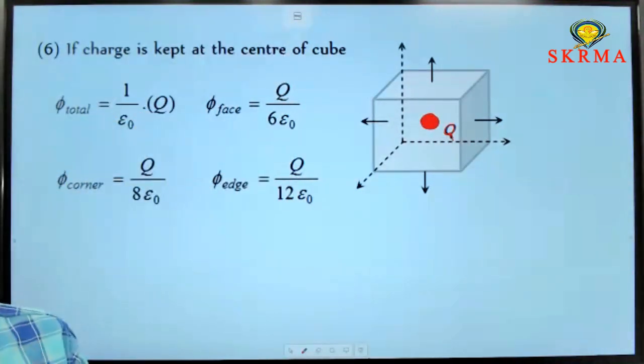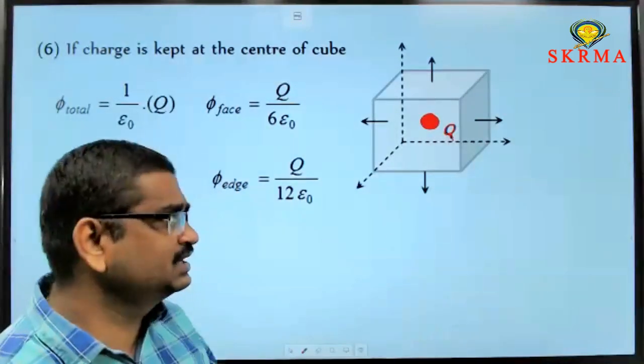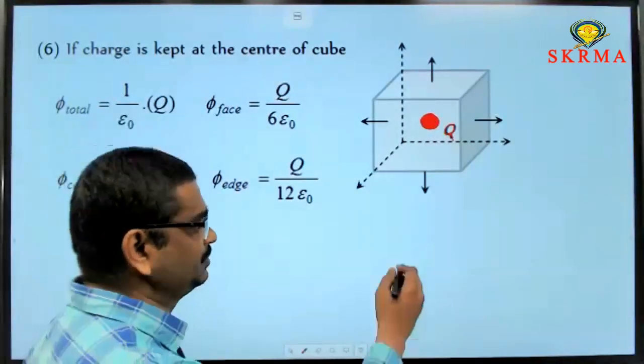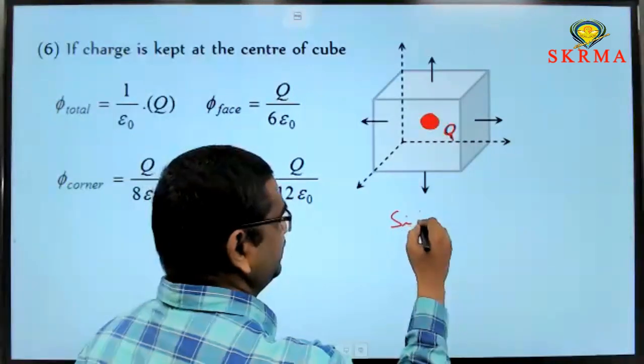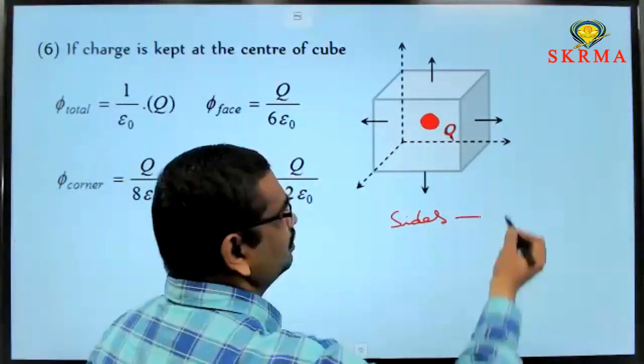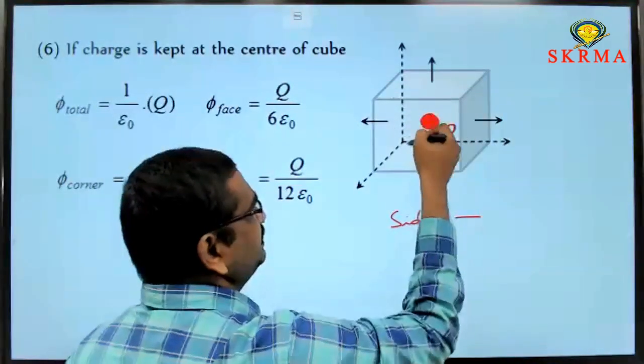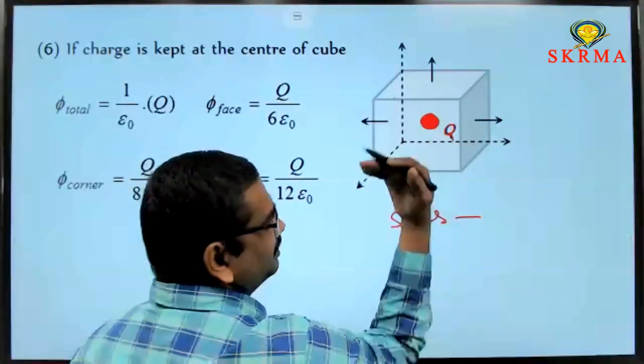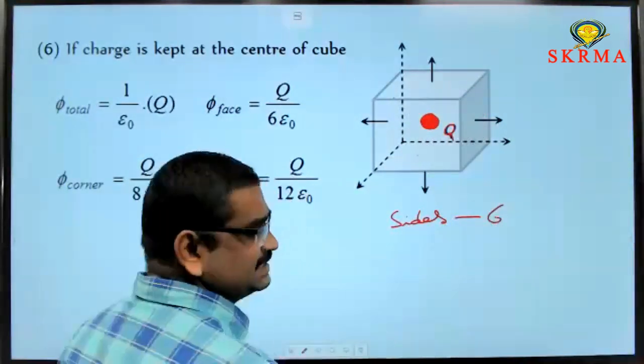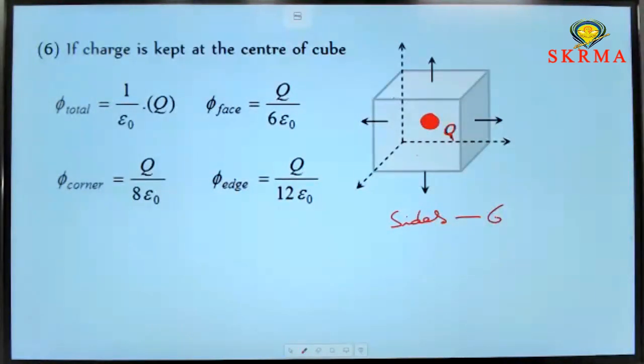So for a cube, how many sides are there? Check it once. Number of sides: 1, 2, 3, 4, front 5, back side 6. Total 6 sides, or 6 faces, are there.